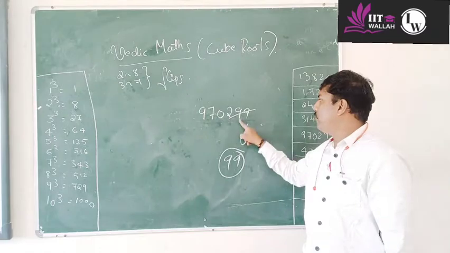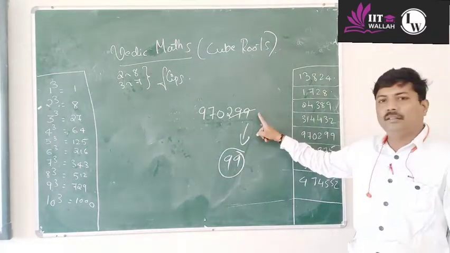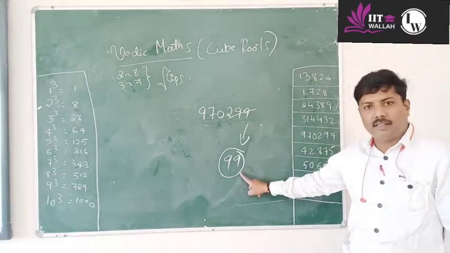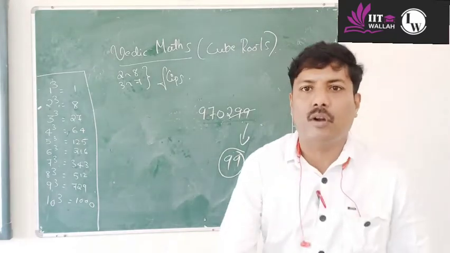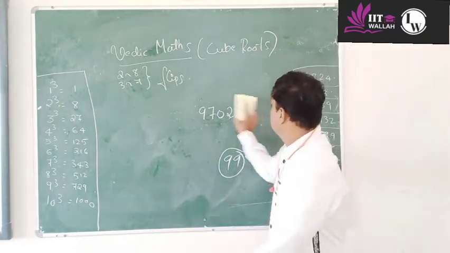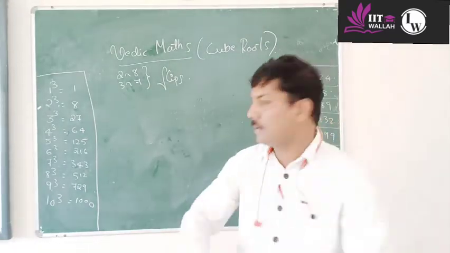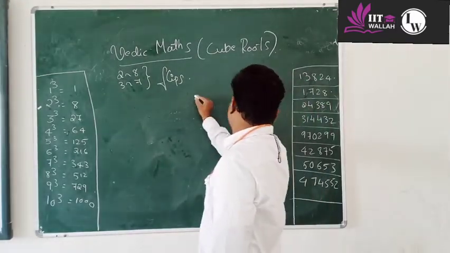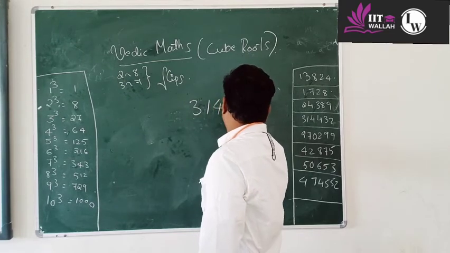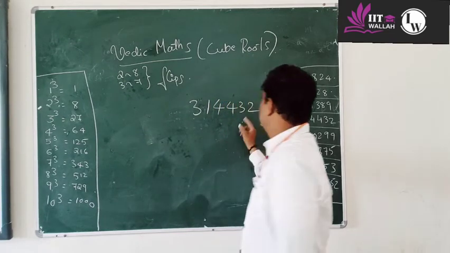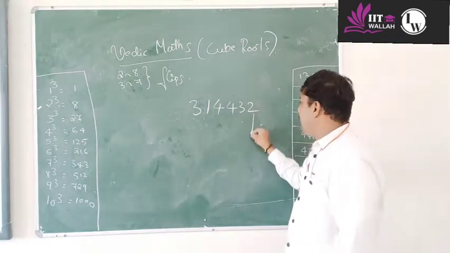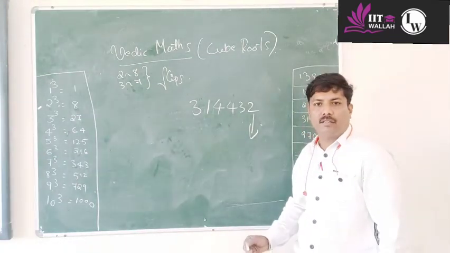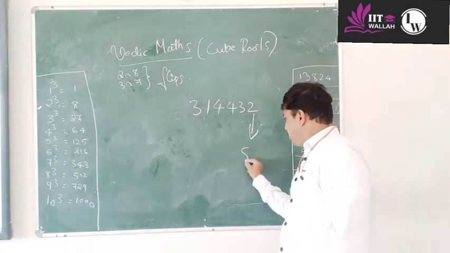This is a 6 digit number, and the cube root is 99. You understood? Let us take another number, 314432. The last digit is 2, so the last digit of its cube root would be 8.